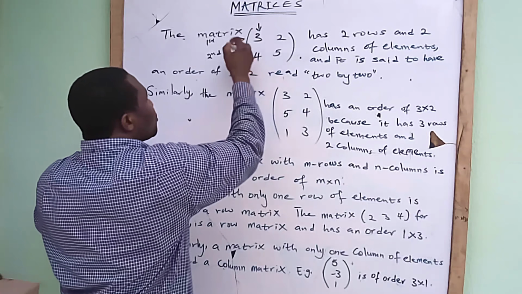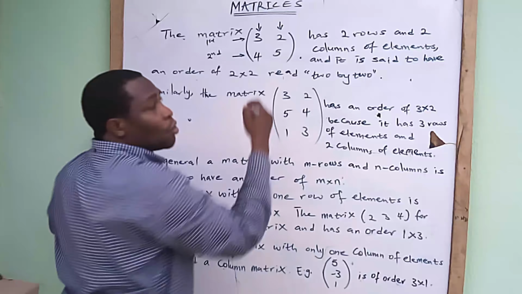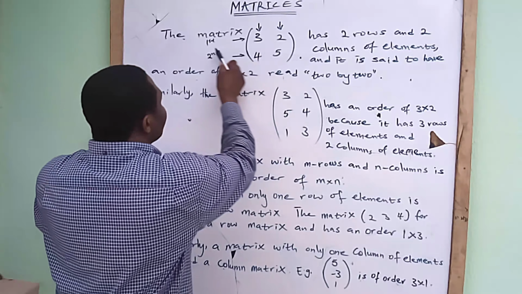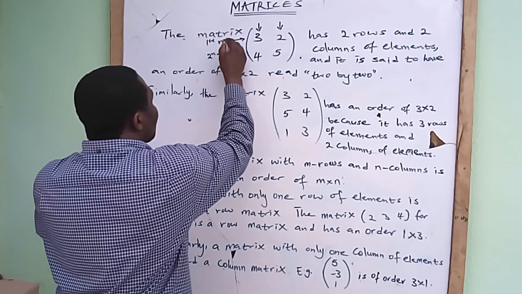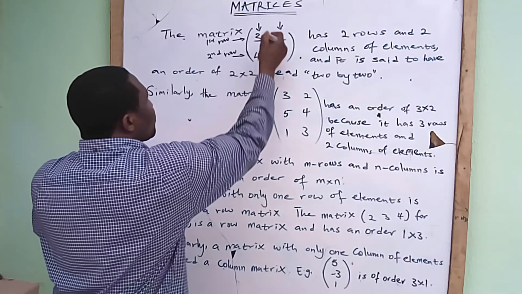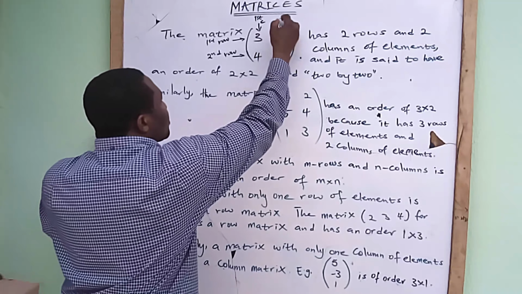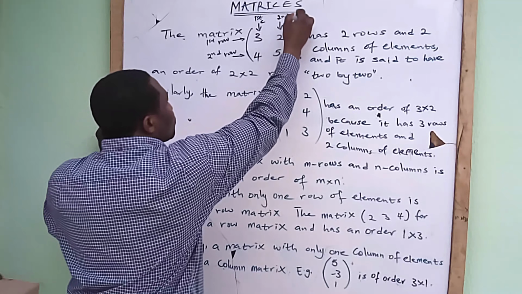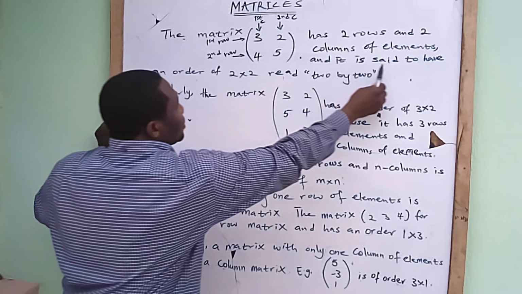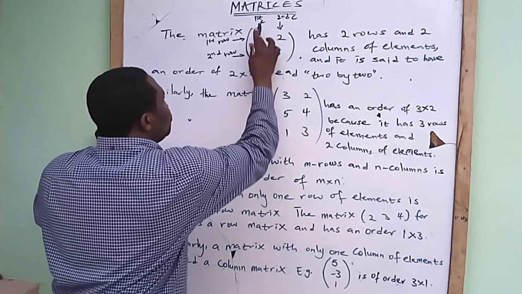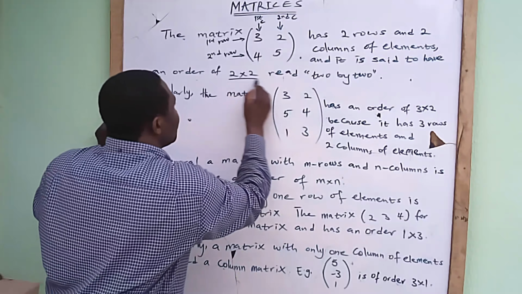This is the first column. This is the second column. So if you look at it, first row, second row, first column, second column, it is said to be a 2 by 2 matrix.